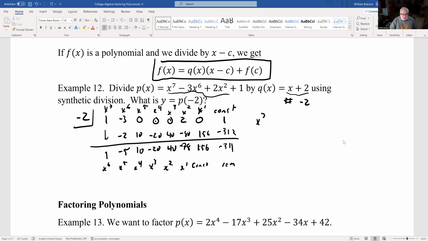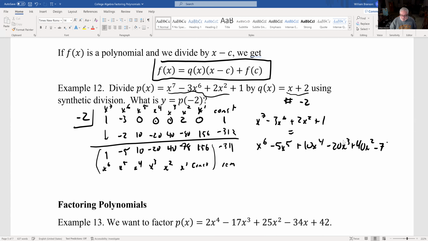x to the 7th minus 3x to the 6th plus 2x squared plus 1 equals this long polynomial, which is 1x to the 6th minus 5x to the 5th plus 10x to the 4th minus 20x cubed plus 40x squared minus 78x plus 156, which is a very long polynomial.